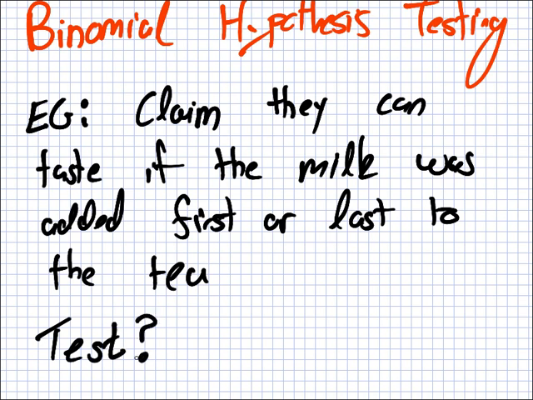So I'll give you a minute to think about what you could do, maybe as an experiment, to test this claim that the person can tell from taste alone if the milk was added first and then the tea, or the tea and then the milk. So just think for a minute, and then we'll see how we could test this. Now you might need to give me some numbers as well if you have an experiment, like how many times to do it, or whatever.